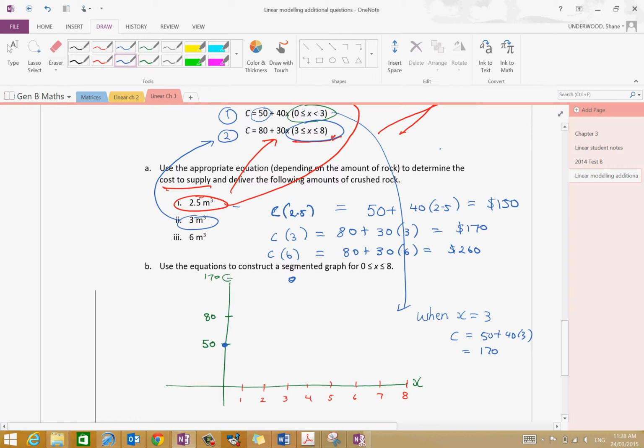But the question is, is this a closed circle? Is this a closed circle over here, Amanda? Is this a closed circle or an open circle that goes here? Is it inclusive of the point 3? Is the first equation here inclusive of the point 3? Yes. No. Think about it. No, it's not.